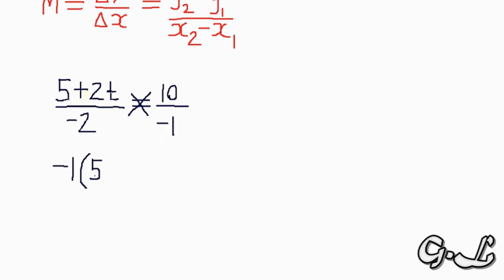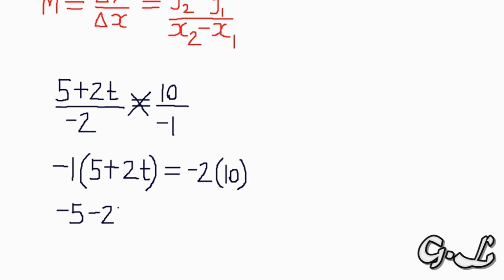Negative 1 times 5 will give you -5. -1 times 2t will give you -2t. And that is equal to -2 times 10, which gives you -20. That is what we have.